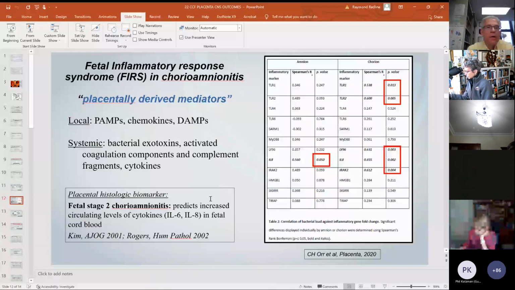So fetal inflammatory response, we and others have found, is associated with neurologic injury. The bulk of the defense against infection is in the placenta, in the membranes, and it's been forms of damage that are non-infectious.